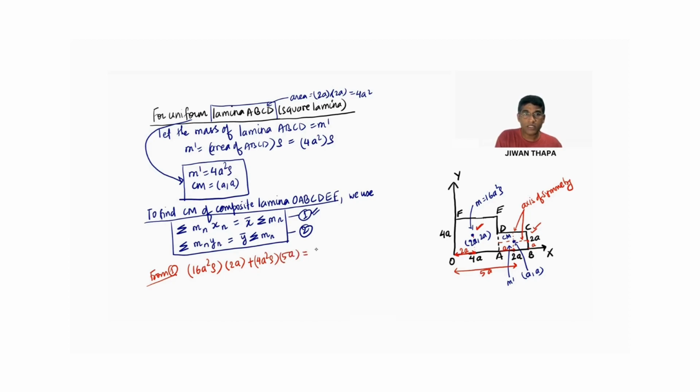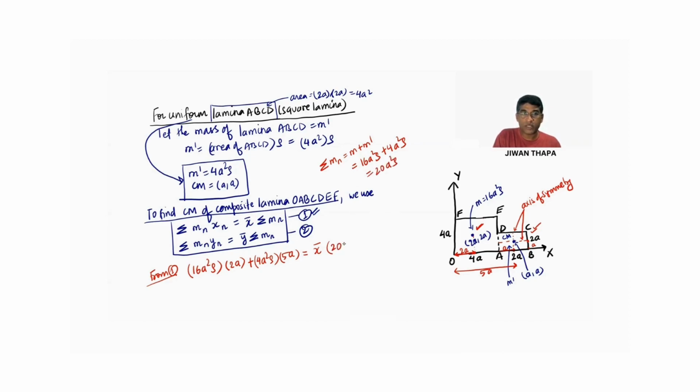This whole equals x bar times total mass, the sum over mn, and the sum over mn is m plus m dash. So this gives 16a square rho plus 4a square rho. So this is 20a square rho.